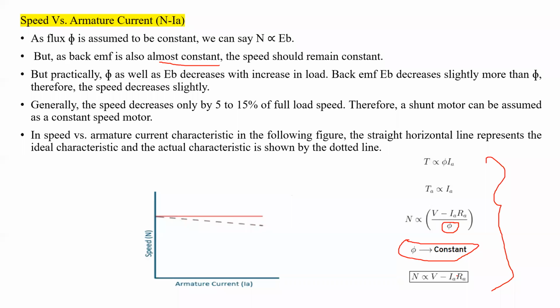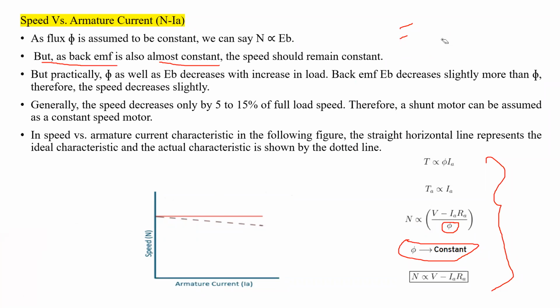Why is the back EMF almost constant here? Can anybody explain? Flux is constant. Flux is constant means, we know the relation Eb is proportional to N phi.